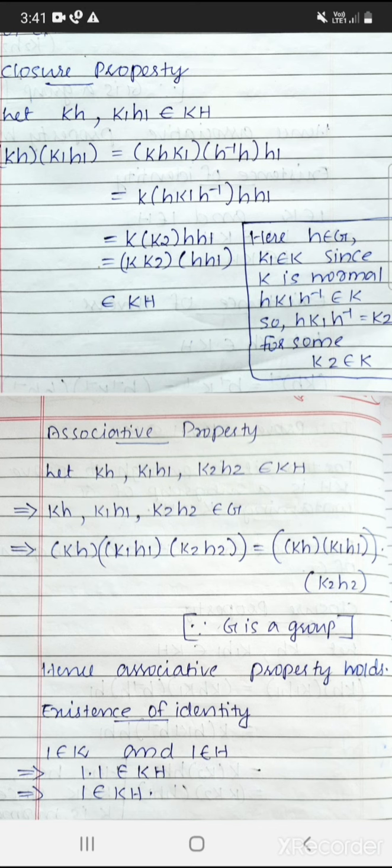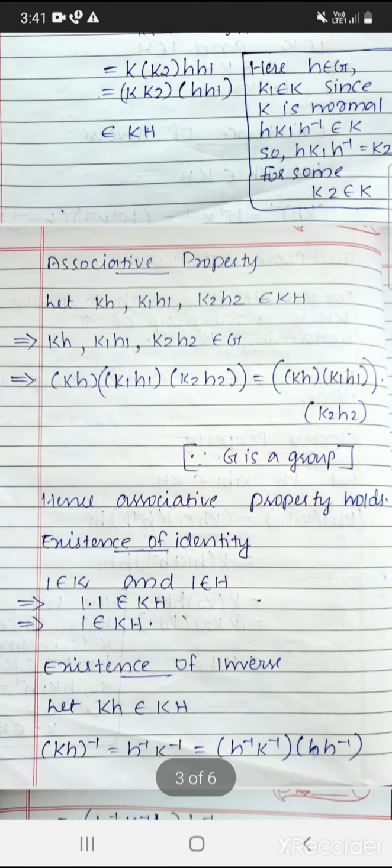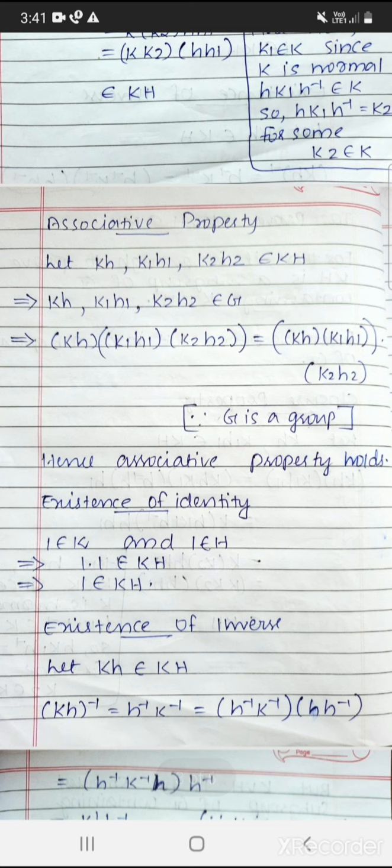So next we'll see associativity. For proving associativity, we need three elements in KH, that is kh, k1h1, k2h2. We take three elements in KH.